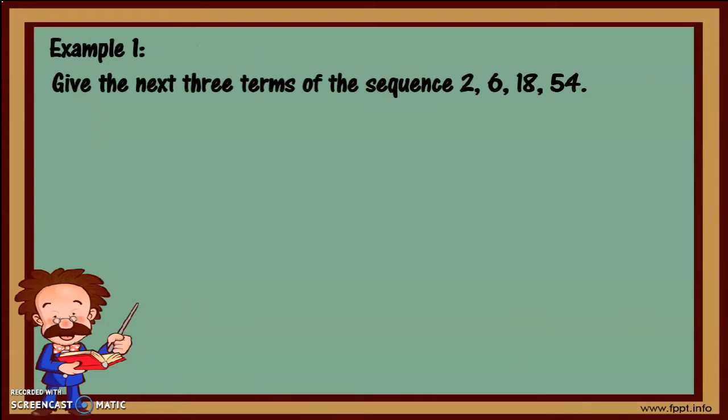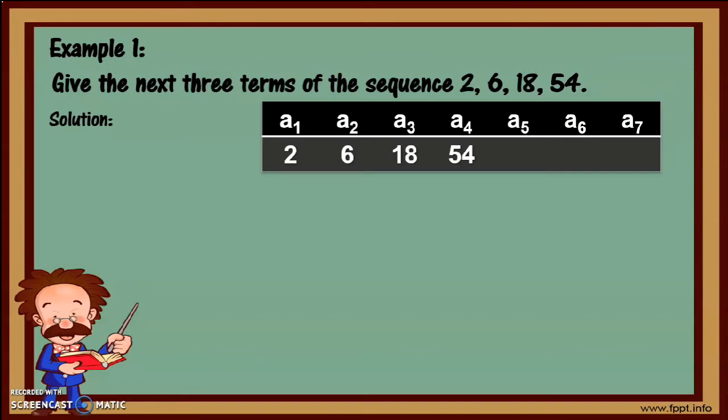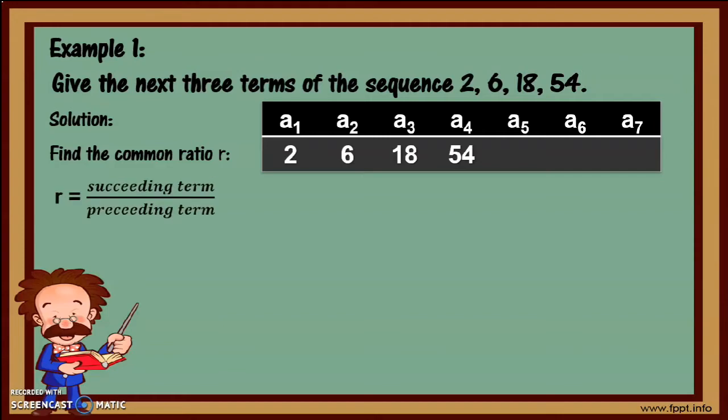Example. Give the next 3 terms of the sequence 2, 6, 18, 54. So to find the 5th, the 6th, and the 7th term of this sequence, find the common ratio. And to find the common ratio, we have the following formula. r is equal to succeeding term divided by the preceding term.